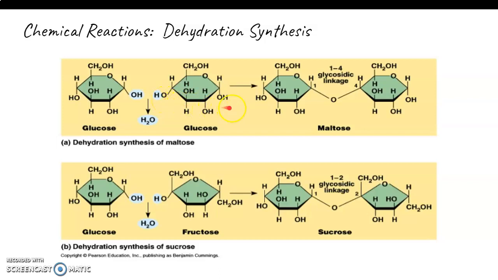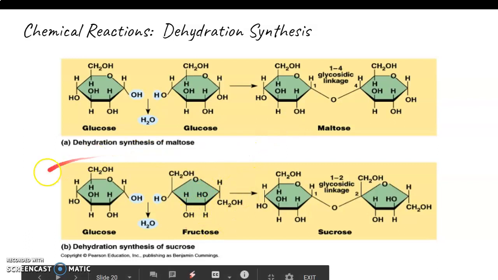And so if we look over here, this O is this O. And so that O now satisfied its second bond by joining onto this molecule here, and therefore two glucoses have now been chemically linked together through dehydration synthesis to make maltose, a disaccharide.